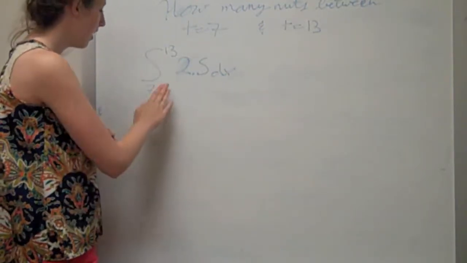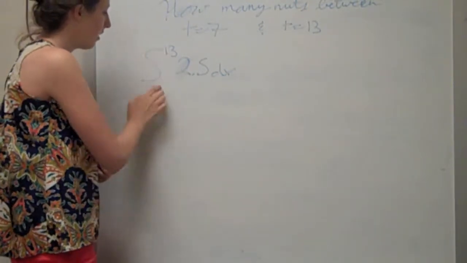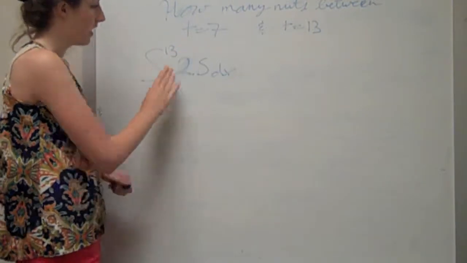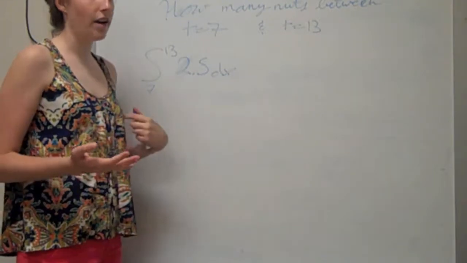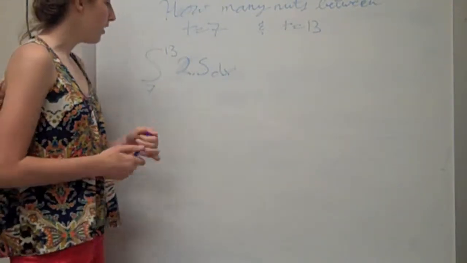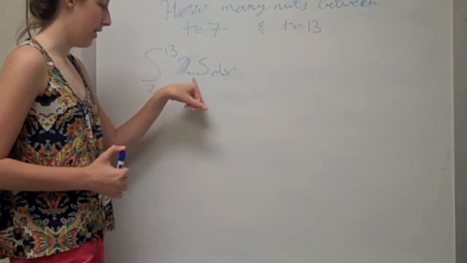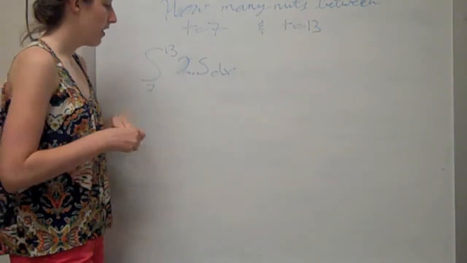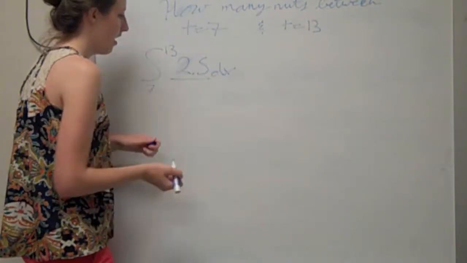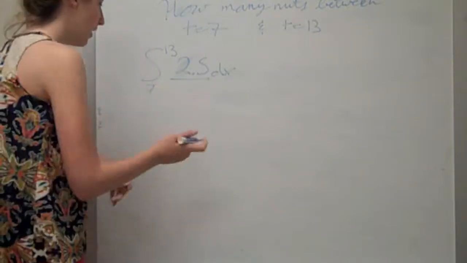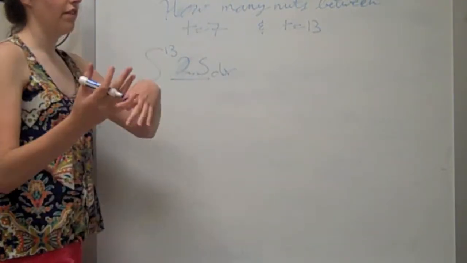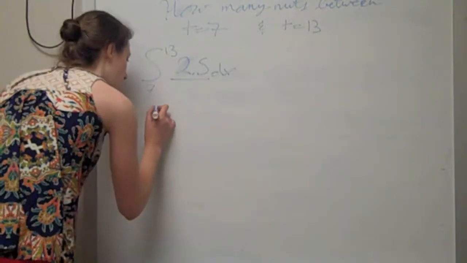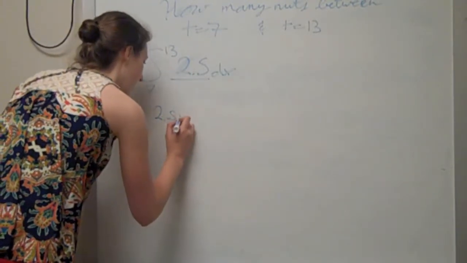So that means we're going to set up the integral using our nice integral sign here with the bounds 7 and 13 and our rate, and then we have this dx here to show that we're integrating with respect to x. Now the first step in evaluating an integral is to find the antiderivative of the rate. With our rate being 2.5, the antiderivative, or the thing that when you take the derivative of it gets this, is 2.5x.